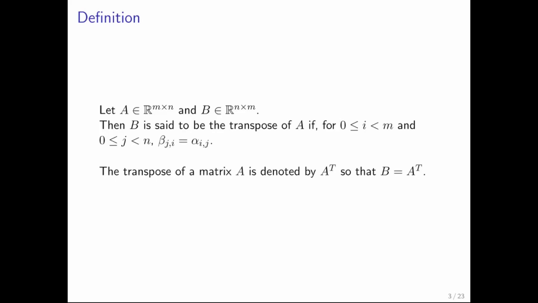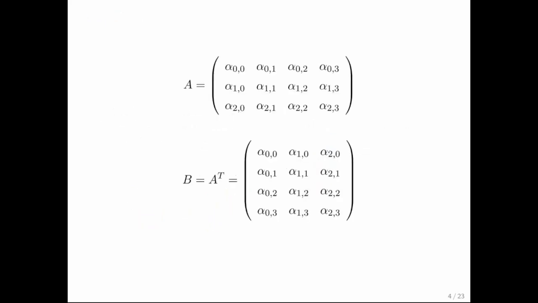Okay, now the transpose of a matrix is denoted by A transpose. So if you take A and you transpose it, then if B is the transpose of A, we can say that B is equal to A transpose. Okay, so let's have a look at an example. Here we have A. Let's highlight the diagonal here, and let's highlight the diagonal here.